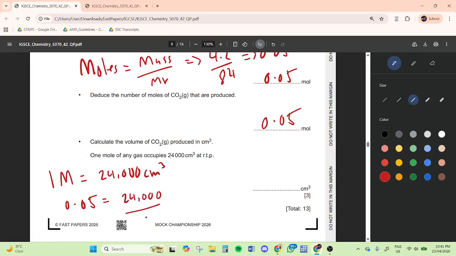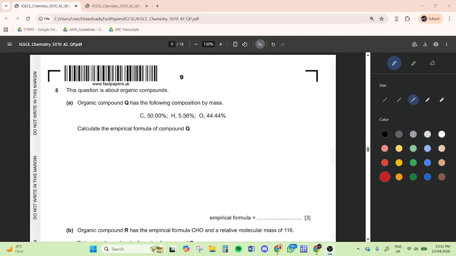Again, we're doing the unitary method. Divided by 1 times 0.05. And if you plug that into your calculator, 24,000 times 0.05, gives us the nice clean 1,200 centimeters cubed. And that's it with question 4.